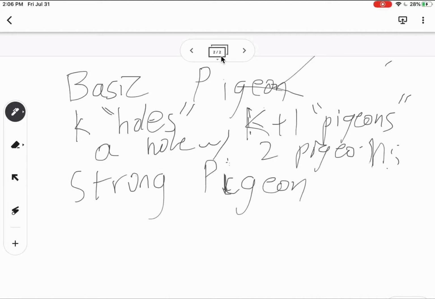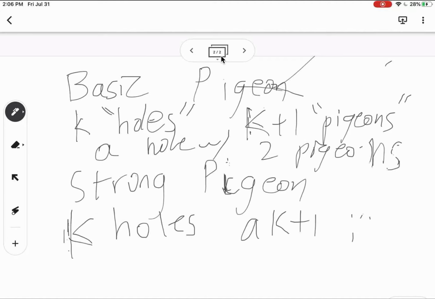Okay, my screen is acting up. Strong pigeonhole is if you have something like K holes and you have A times K plus 1 pigeons.